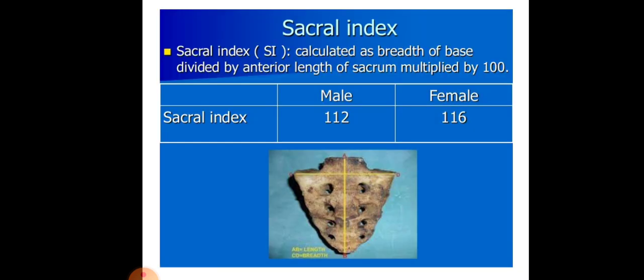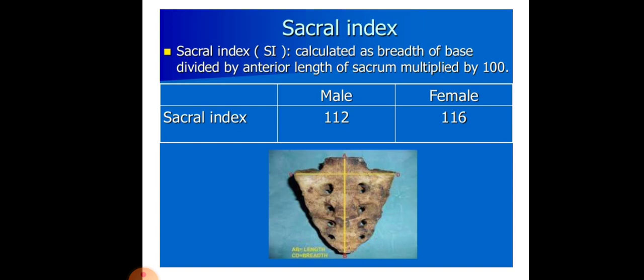Then sacral index. There is another term, the sacral index. It is an index to identify whether the sacrum is male or female. It can be calculated by the breadth of the base divided by the anterior length of the sacrum and multiplied by 100.